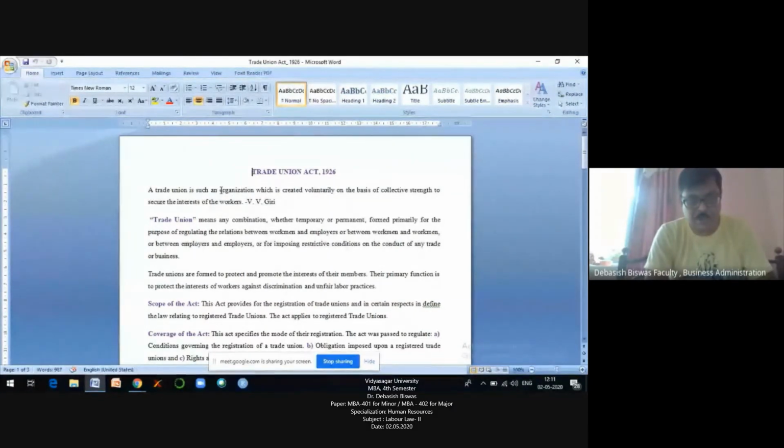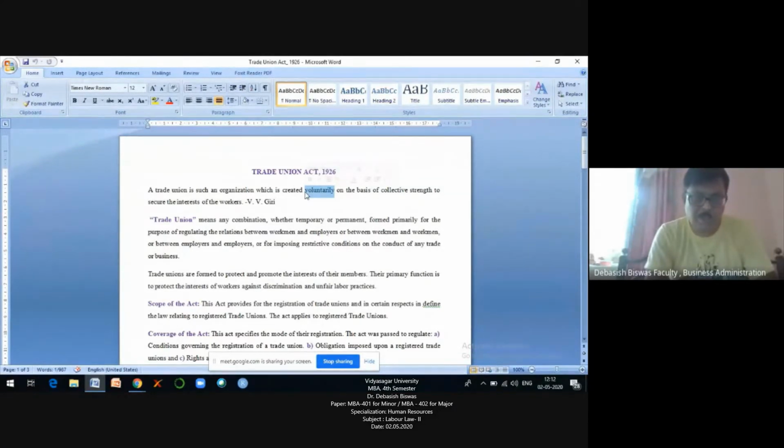So trade union is an organization which is created voluntarily, not mandatorily. It is not necessary that in every business organization there must be a trade union, because it is not mandatory. If workers think that they require an organization, then it may be created by them. So it is a voluntary approach.